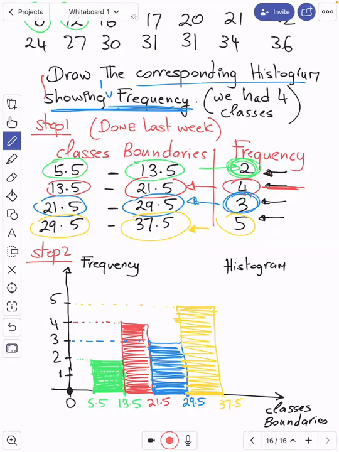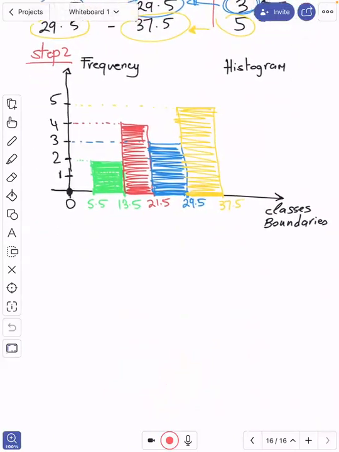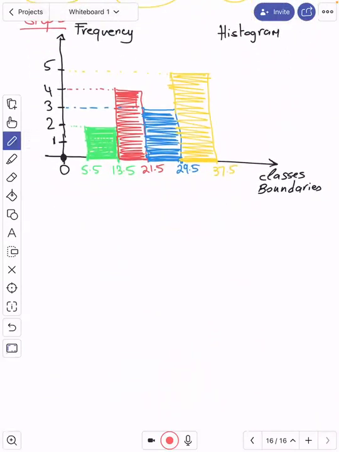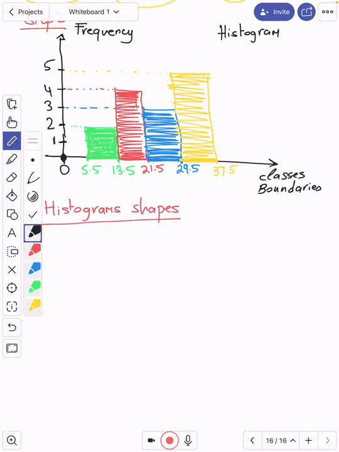Now we're going to describe the shape of the histogram. There are different terms we use to describe the shapes of histograms. Mainly there are 4 different terms used to describe the shapes of histograms.